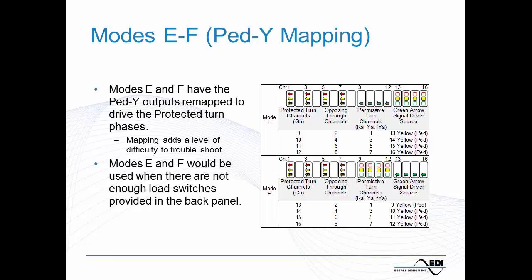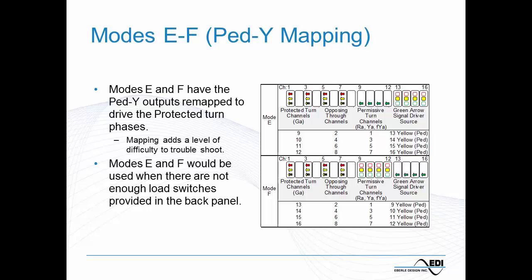this happen. So if we take a look at mode F, what we would do is we would I/O map the controller such that when it wants to go to the protected green arrow, it will turn on load switch number 9 yellow.